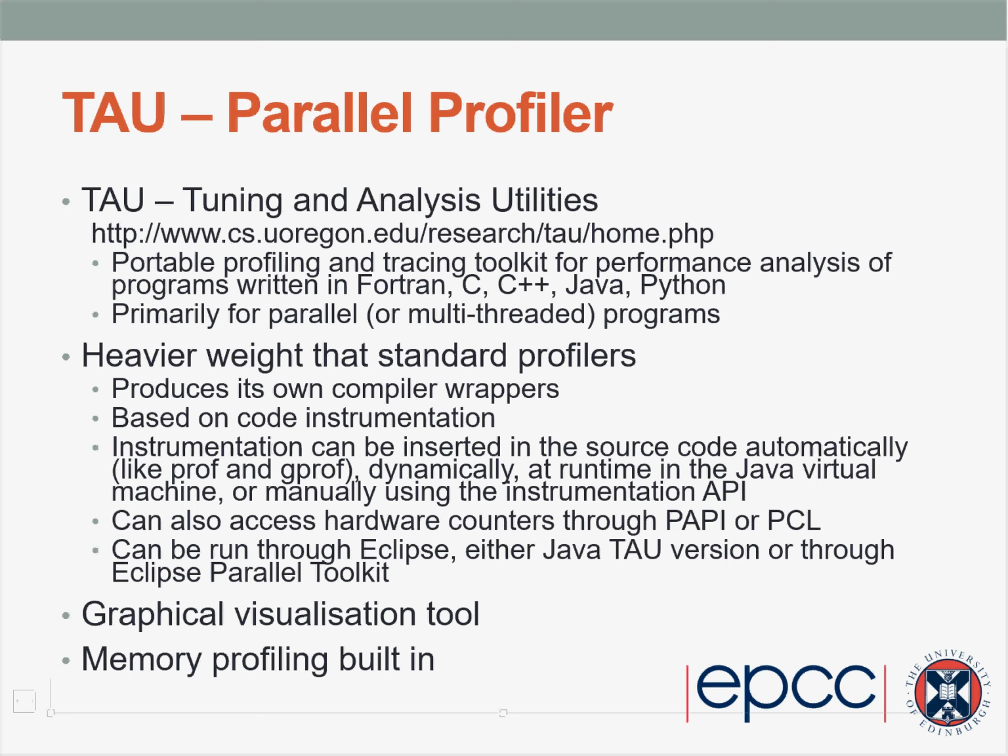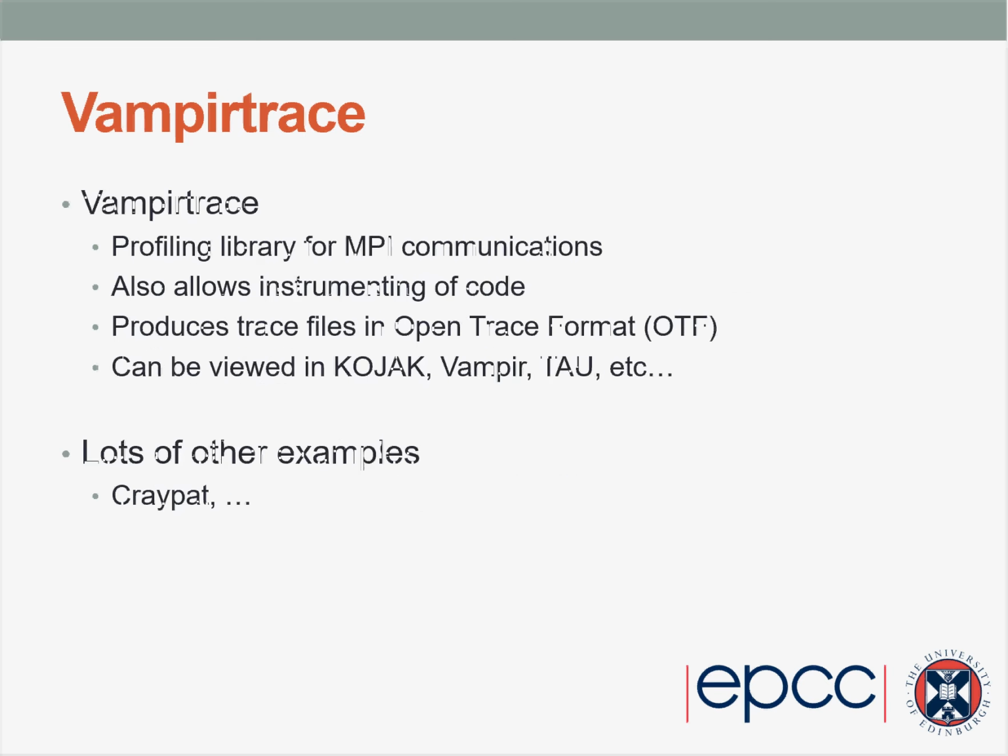Beyond sort of lightweight and reasonably basic profilers like prof and gprof, there's a whole variety of more complicated, more functional profilers available. A lot around parallel programming, so things like Tau and Linaro Map and CrayPat. Others like Vampir-Trace for MPI profiling.